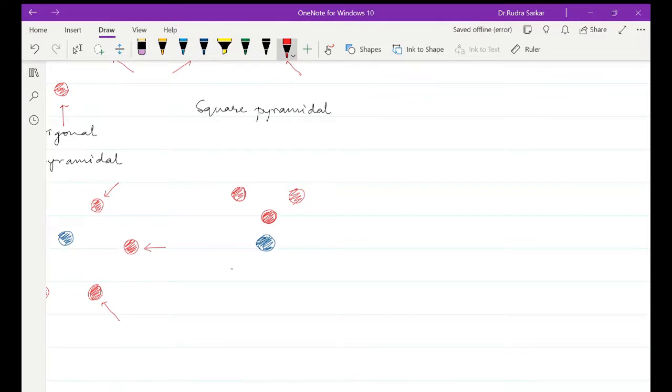Okay, so this can be the way to approach a metal center.